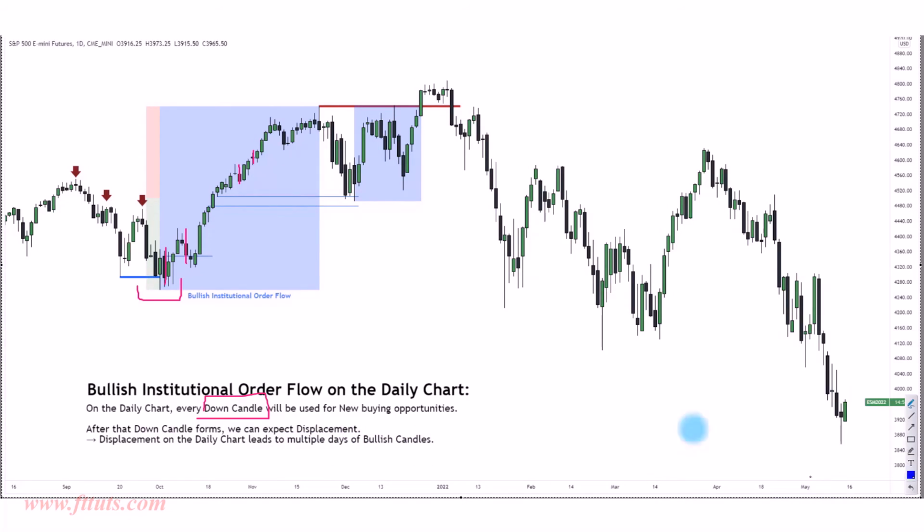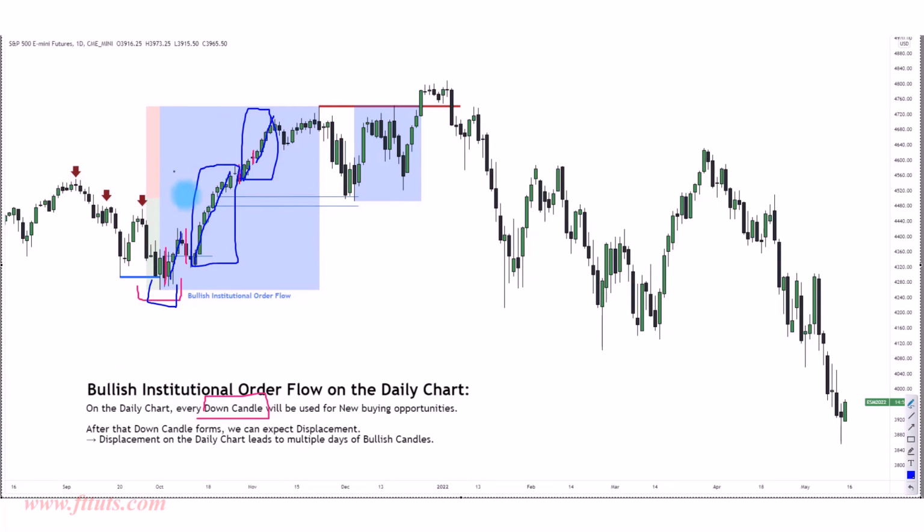Displacement on the daily chart leads to multiple days of bullish candles. So we can see 1, 2, 3 bullish candles here, displacement, bullish candles here, displacement here, displacement here. So whenever we have down candles, what follows is displacement, and we can expect this to happen when the long-term low is in.